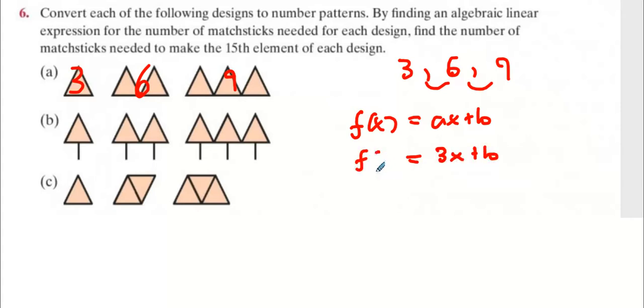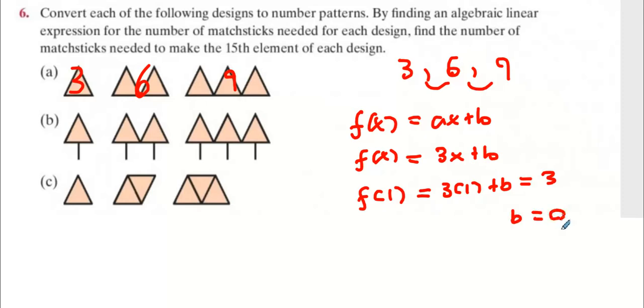And what can we say f1 is? f1 is 3 times 1 plus b, and what's the answer? 3. This implies b is 0, which implies fx equals 3x. Everybody cool?